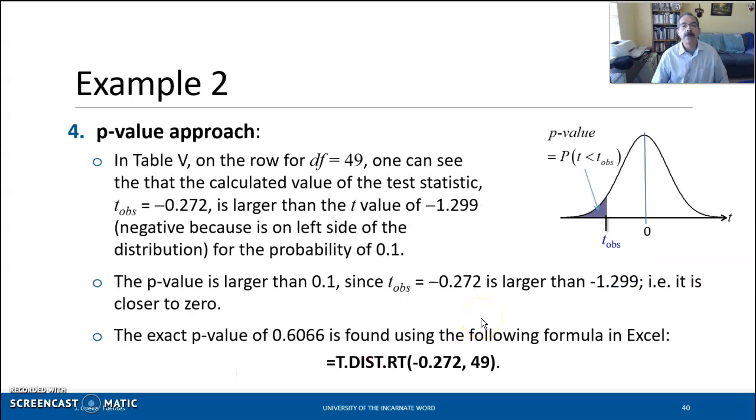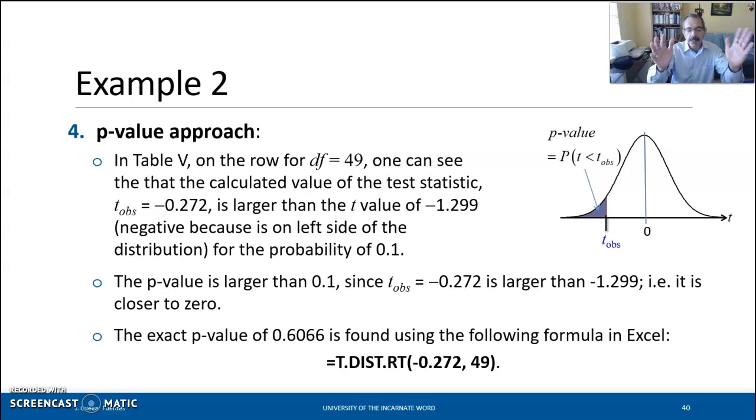All right. Now, for the p-value approach, again on table 5, we look at the row of degrees of freedom of 49, and we can see that the value minus 0.272 is larger than the value on that row of minus 1.299 that corresponds to a probability of 0.1. Again, I'm using the negative values because I'm looking at the left side of the distribution.